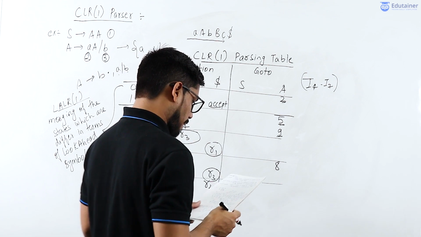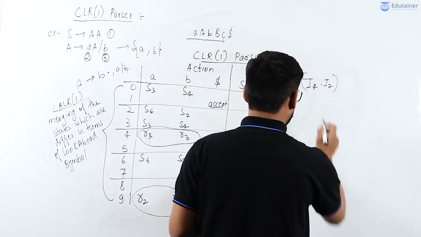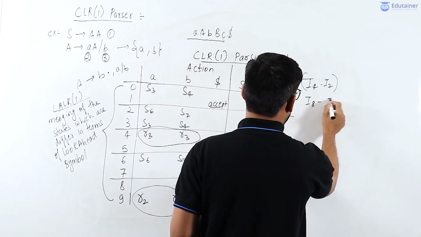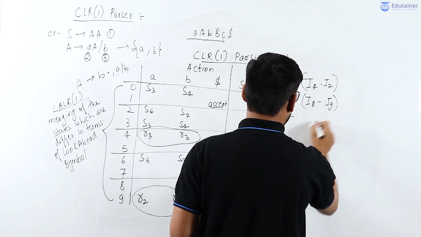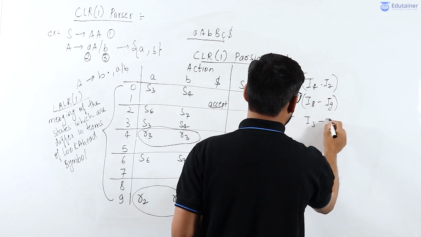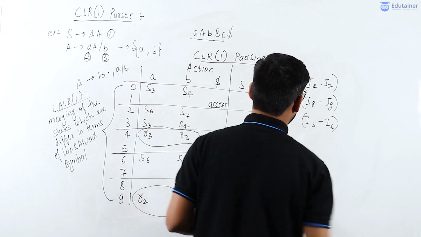State number I8 and state number I9 are also the same. State number I3 and state number I6 are also the same.